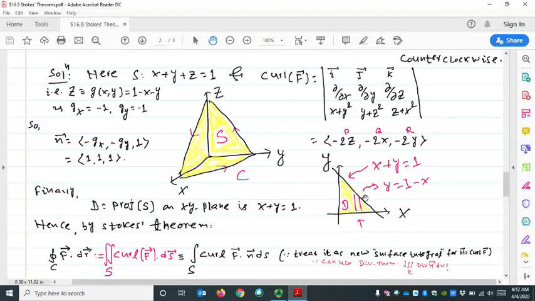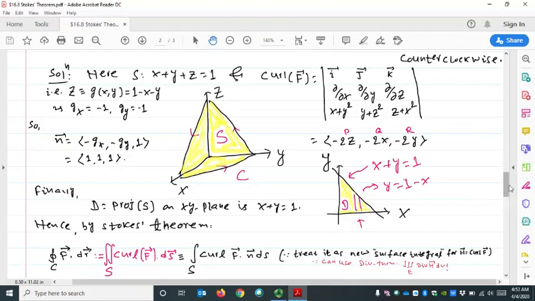Draw the vertical slice, and the lower limit of y is given by the x-axis, which is y equals 0, and the upper value of y is given by, from this equation, y equals 1 minus x, and for the x bounds, x equals 0 to x equals 1.